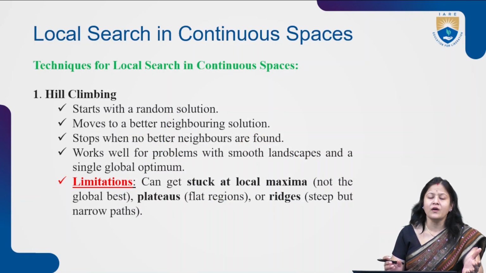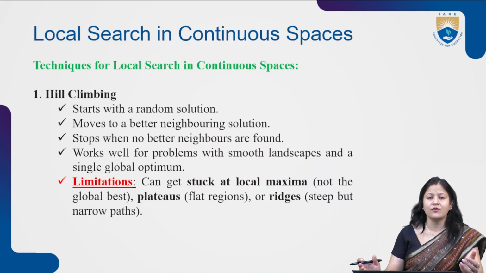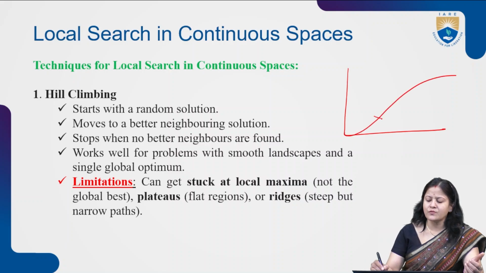Hill climbing, as the name implies, means the agent will climb the hill. It's not that we will climb the hill. This is one of the algorithms used to solve problems in continuous spaces. The hill climbing algorithm starts with a random solution at any point, then moves to a better neighboring solution. Let us suppose this is the better solution, and it stops when no better neighbors are found.